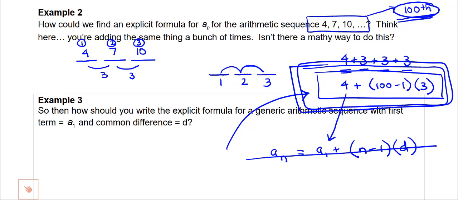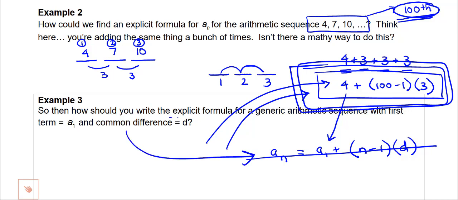Math should make sense. If math is just formulas and plugging in, it's not making sense, right? How often are you going to use a formula and plug in life? Very rarely. How often are you going to have life make sense? Much more often. You're going to think, I hope. Okay? So, that's what this is all about.